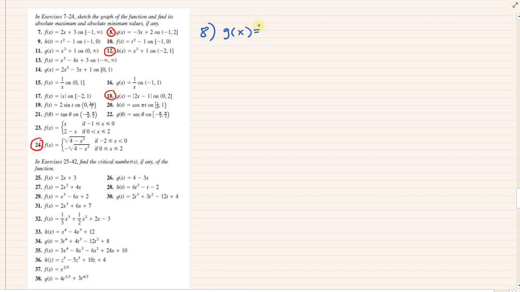g of x is -3x plus 2, so we have a line on an interval from -1 to 2. We can graph the line just like we do all lines. Here's the vertical axis, here's the horizontal axis, this is x and y.